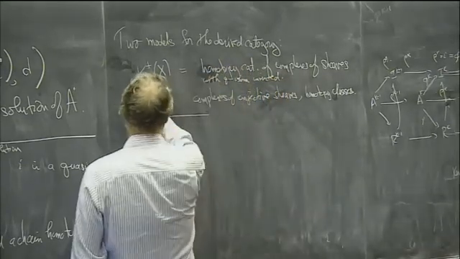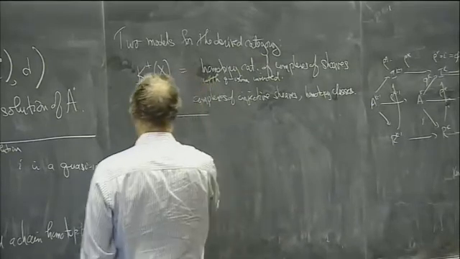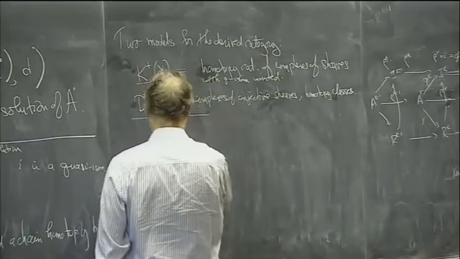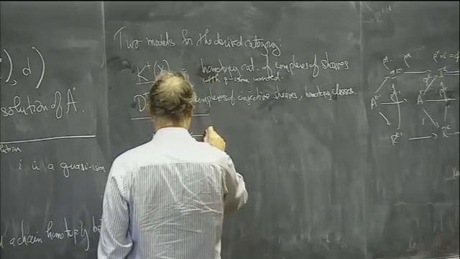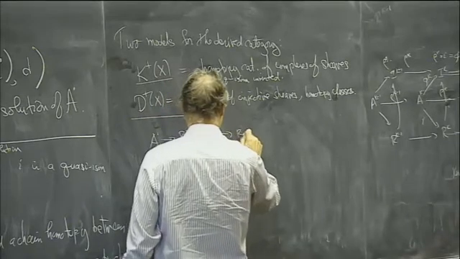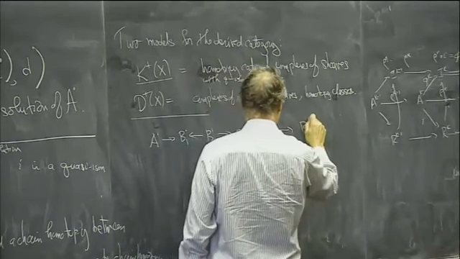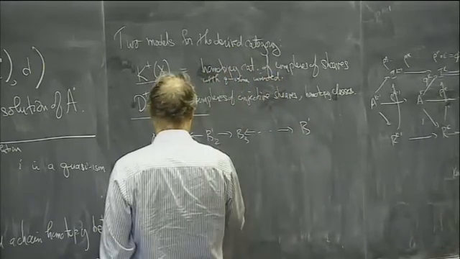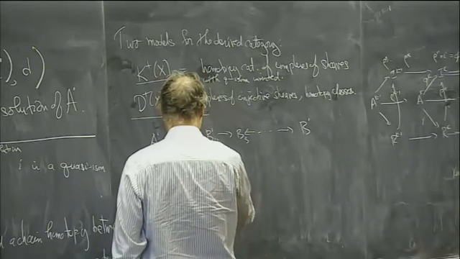So in other words, maybe I say a word about that. In general, when you invert quasi-isomorphisms, you consider a sequence of morphisms where the arrows that go the wrong way are quasi-isomorphisms.